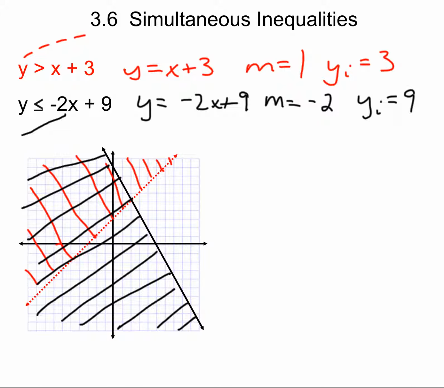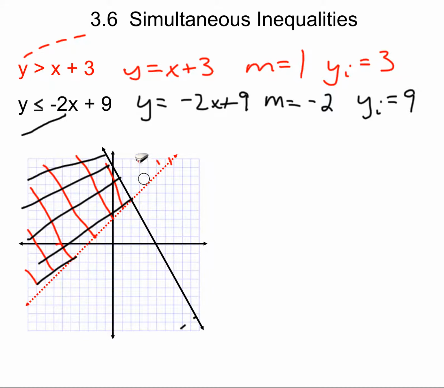I'm going to erase the other regions just so I can see my solution set clearly. On your papers, you can leave all the shading and then do an extra highlight on where your solution set is. So it's really clear that my solution set is in that region right there. Any point in this region is a solution to both of these inequalities.